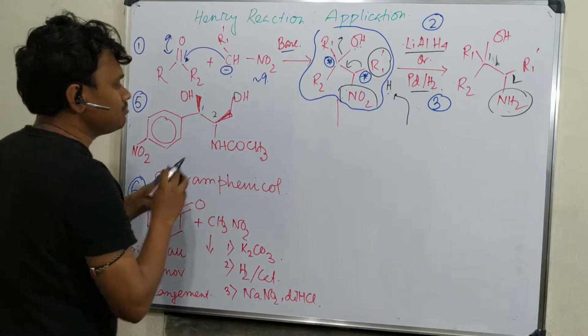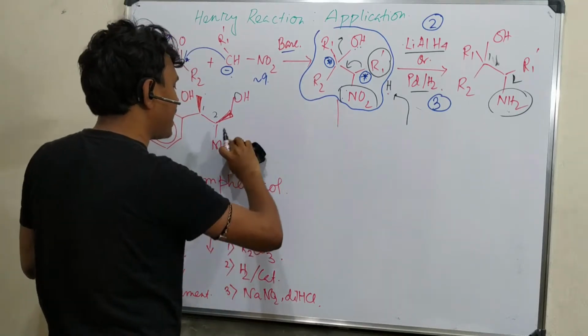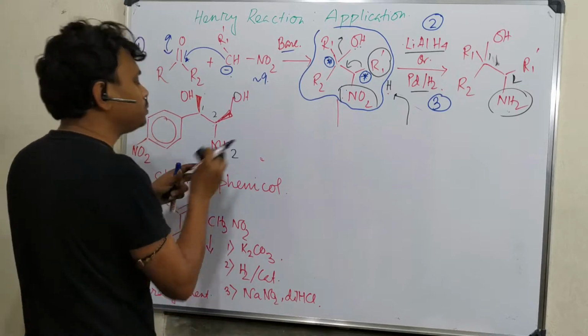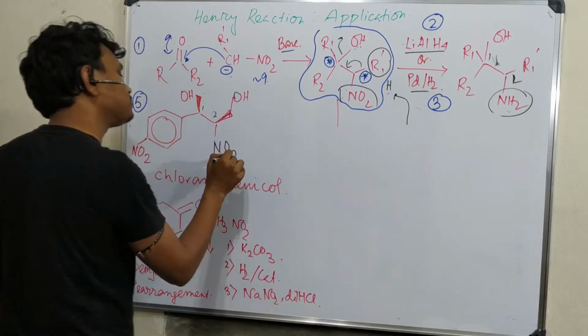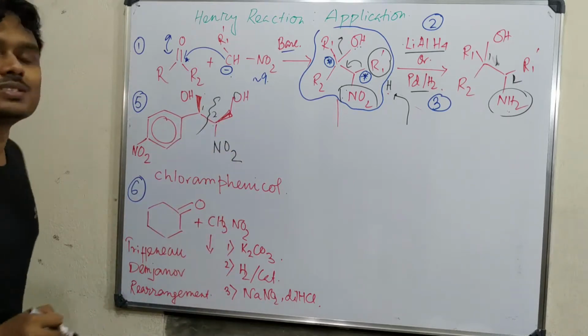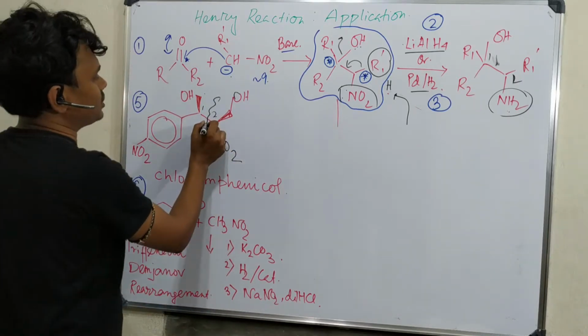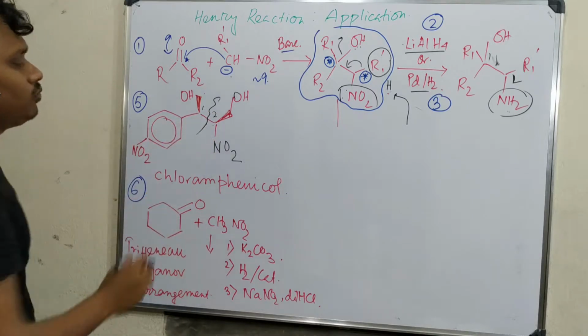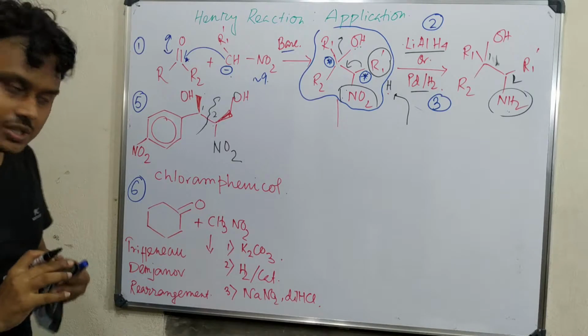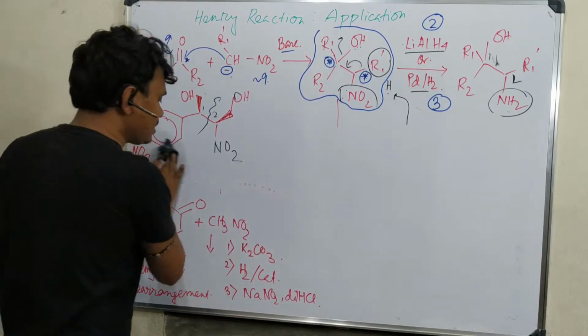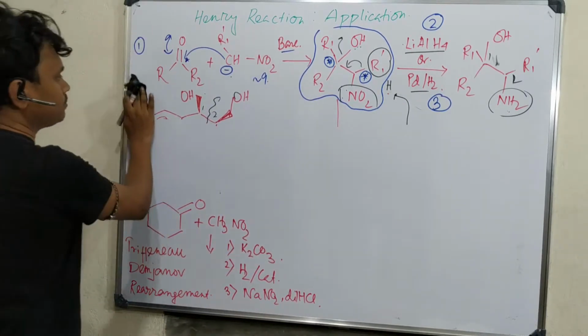So this is simply a derivative of amine, and this amine could be obtained from the corresponding nitro, and this cleavage could be done in the presence of nitroalkane. So in this way we can prepare this antibiotic chloramphenicol using this Henry reaction. Okay, fine. So this is the strategy to prepare this important antibiotic.